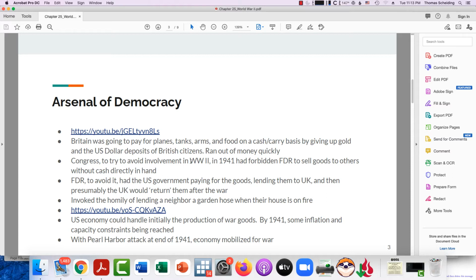Roosevelt's response just shows how, if you're a person who doesn't like this kind of sleight of hand or trickery, this could really anger you, or you could really like the guy for it.